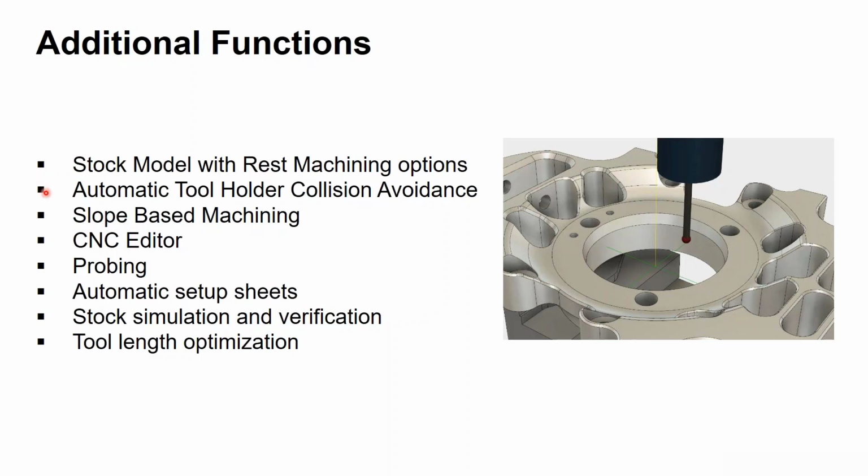That is when we do a 3-axis toolpath with 5-axis functionality as an add-on. Slope-based machining, we have probing. So it's possible to probe, if we have a probe in the CNC machine, to find the center of a hole or find the center of the stock to machine in the correct place.